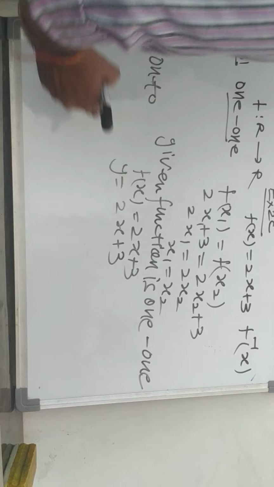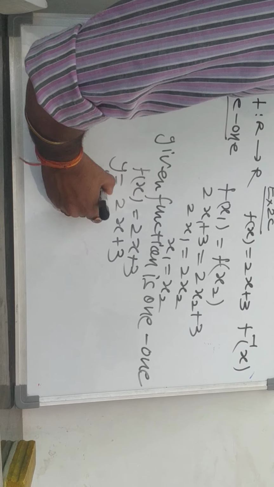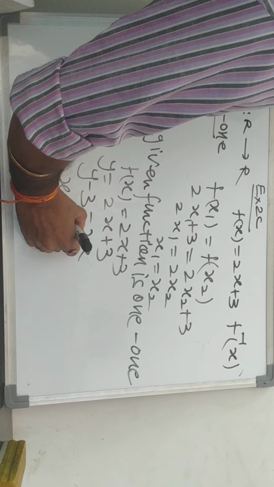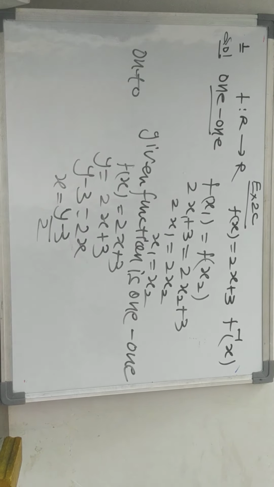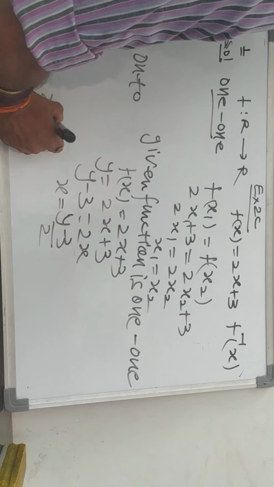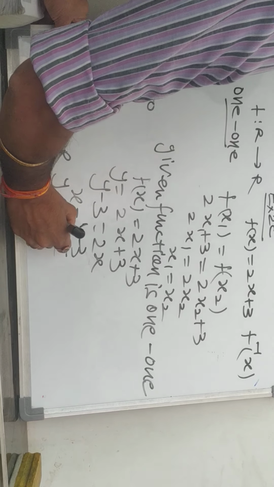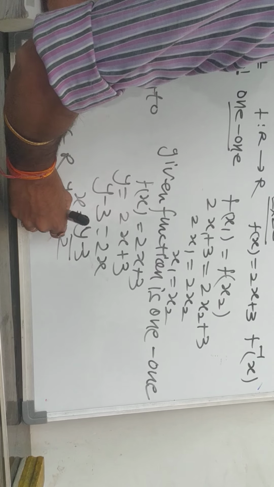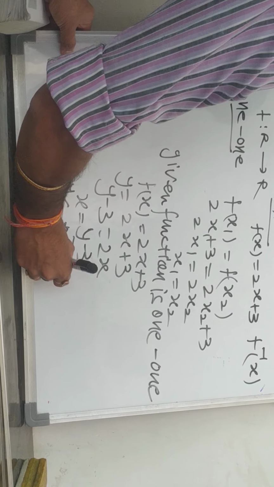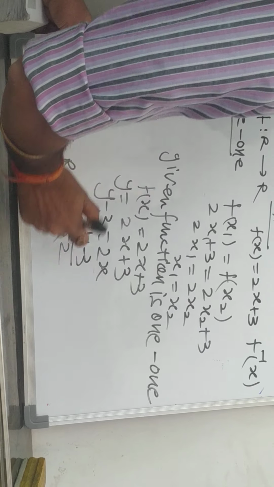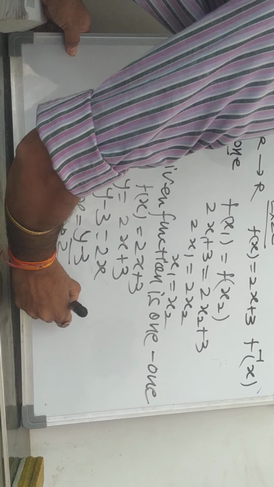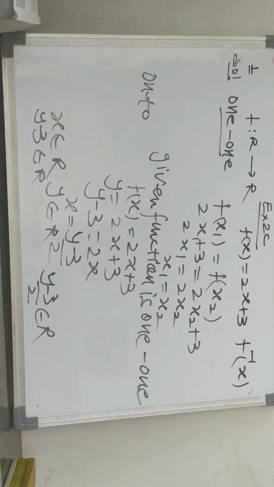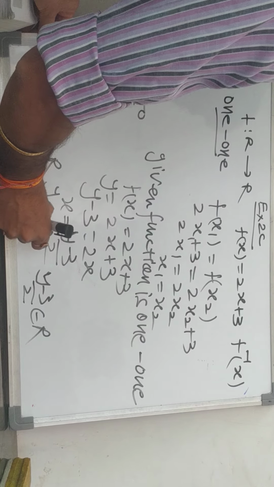Now we have to find the value of x in terms of y: y minus 3 is equal to 2x, then x is equal to y minus 3 upon 2. x belongs to R, y belongs to R, y minus 3 belongs to R, and y minus 3 upon 2 also belongs to R. So the given function is onto.